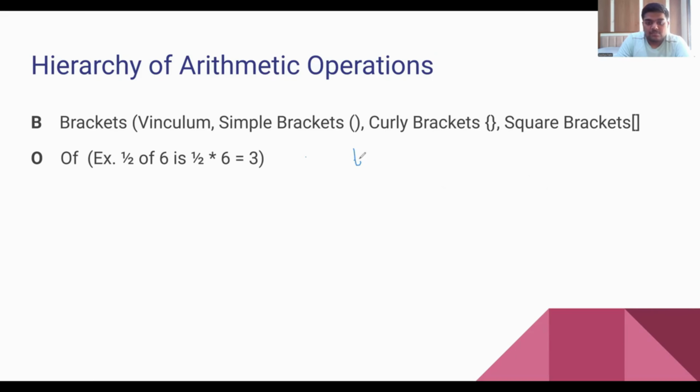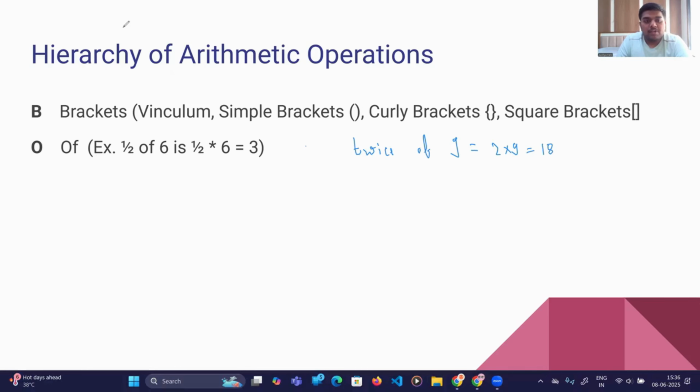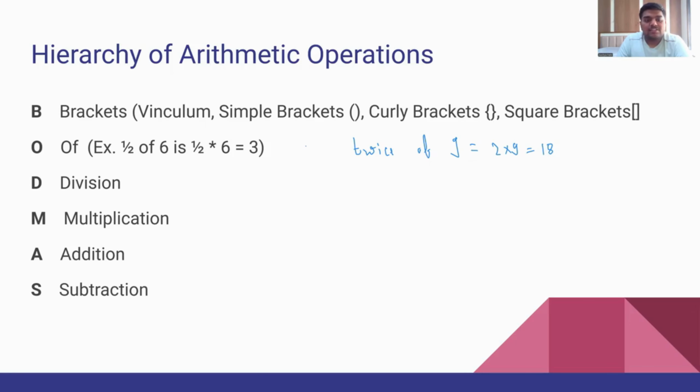And twice of 9 is equal to 2 into 9, which is 18. So after the brackets, we will solve of. Then there are some other arithmetic operations as well, which are division, multiplication, addition, and subtraction. So we have to follow this order strictly.